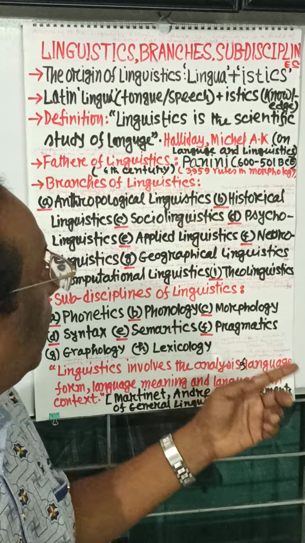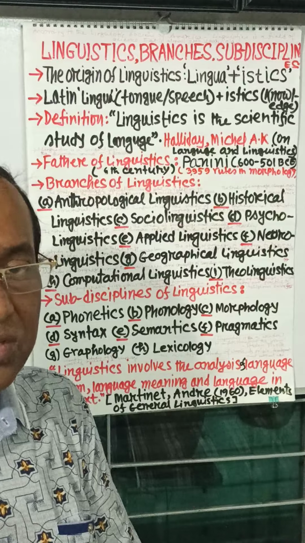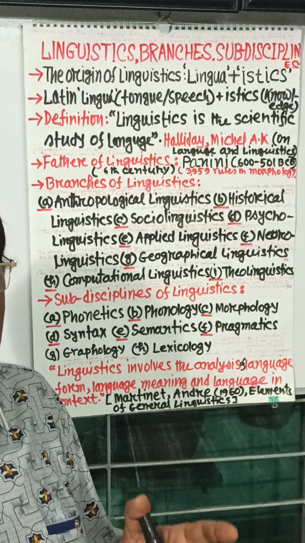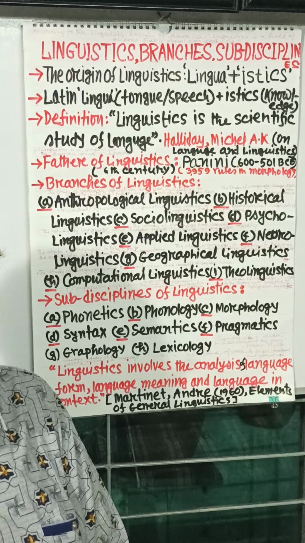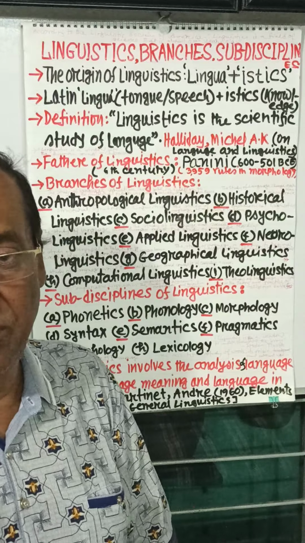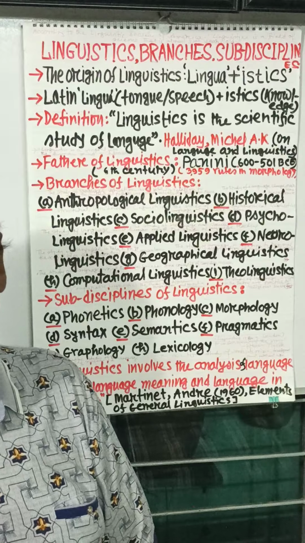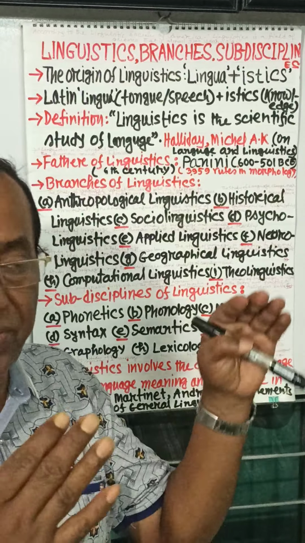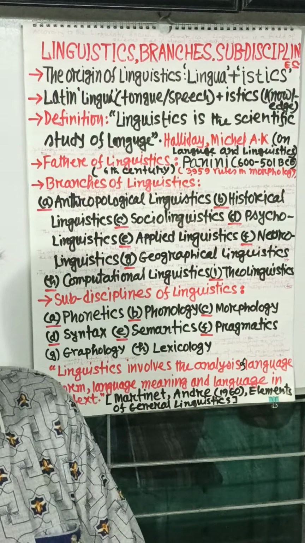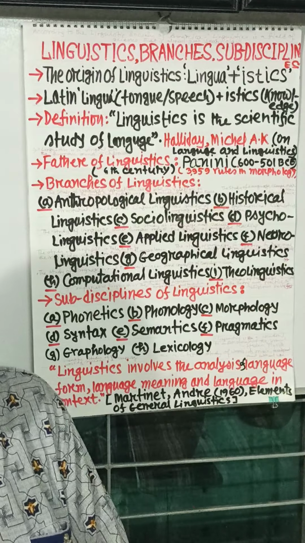Then, theolinguistics. What does theolinguistics mean? Theolinguistics means that branch of language which is based on religious concepts, and this type of linguistics is established by religious figures.